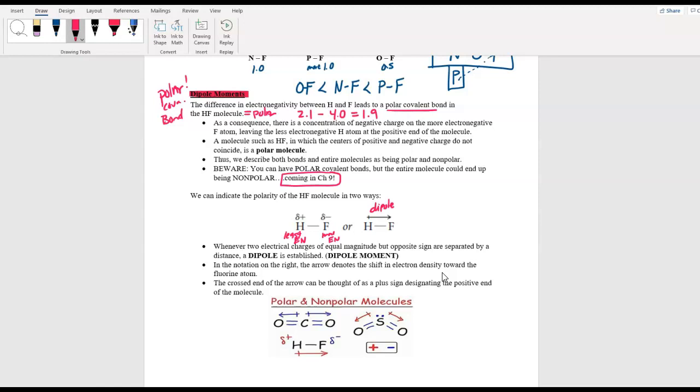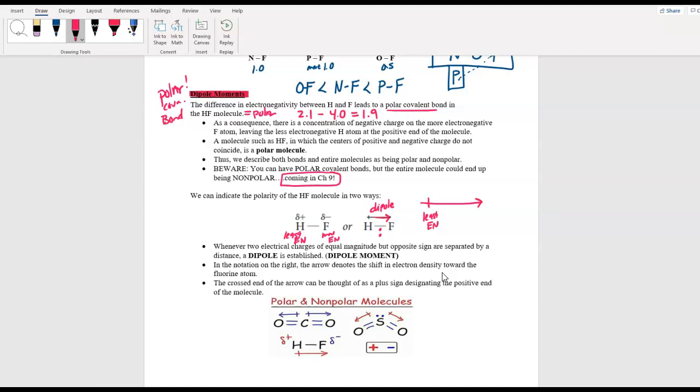And what that dipole is indicating, let me make some notes over here, okay? It's an arrow with a little plus sign on the end, because this plus sign is representing the least electronegative. And all these electrons, see these two electrons that are sitting right there in those bonds? Remember, there's two electrons sitting there? The fluorine is taking charge.